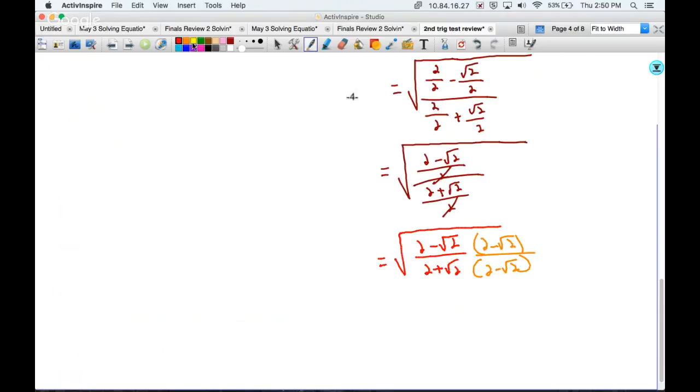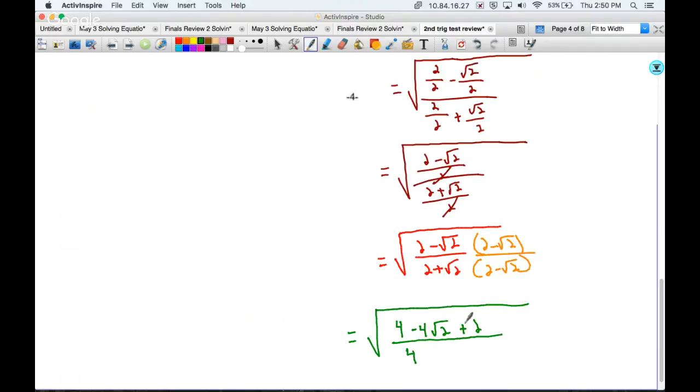Foil on across the top and the bottom, and we'll get square root of 4 minus 2 root 2 minus 2 root 2, so that's a minus 4 root 2 plus 2, and I multiply the negative root 2's. And on the bottom, 2 times 2 is 4.